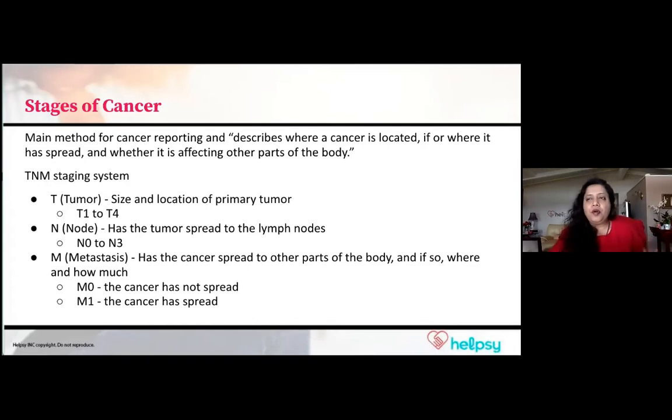Lymph nodes are like little clusters, and through them there is a risk of circulating the cancer to other parts of the body. So N stands for whether the tumor has spread to the lymph nodes. And M stands for metastatic, which we learned, has the cancer spread to different parts of the body. So that's the TNM staging model.